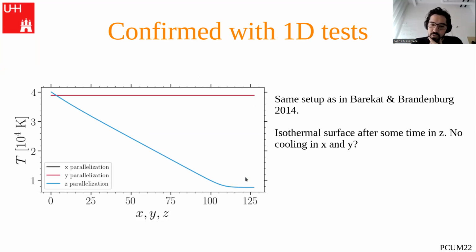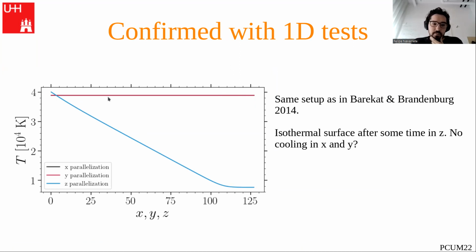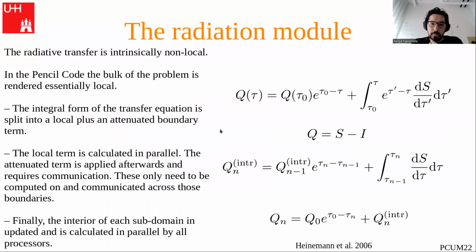After a few time steps, you develop an isothermal surface. But in the X and Y directions, there is no cooling. These simulations were evolved for the same time, but there is basically no cooling in the X and Y directions. So there is clearly a problem in these two directions.